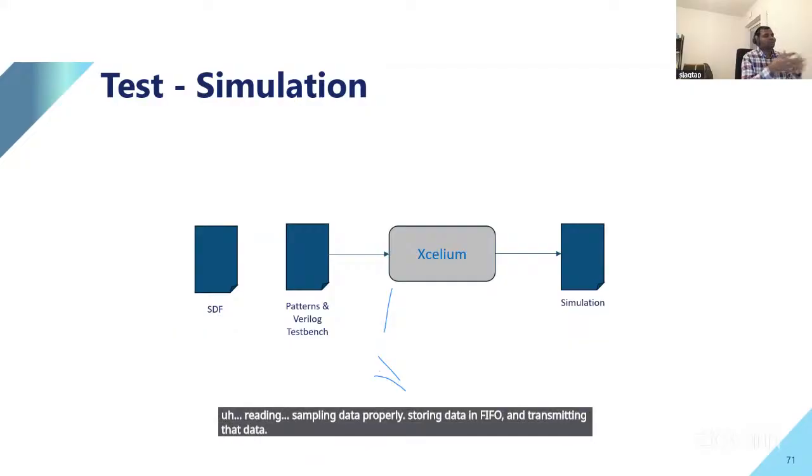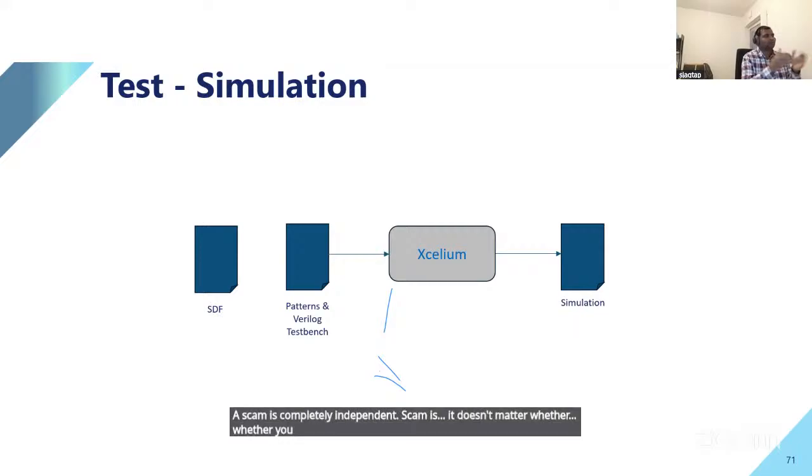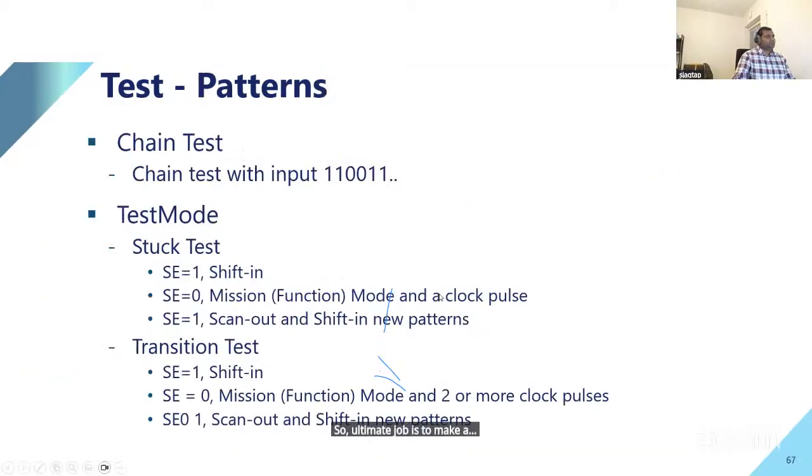Scan is completely independent. It doesn't matter whether your ASIC is SPI or a processor core or another state machine. Its job is to just make a shift register. So ultimately, the job is to make a shift register.